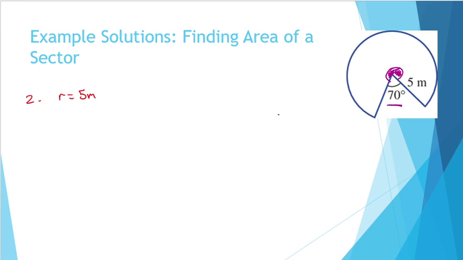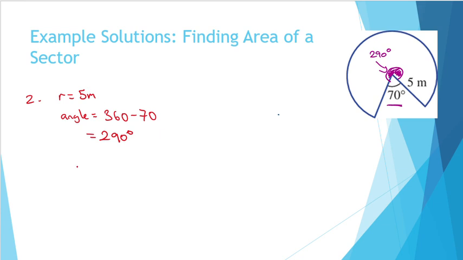Now, because you know that the circle's total amount of degrees is 360, and we're given the exterior angle 70 degrees, what you're going to do is subtract 70 from 360, okay? And that just ends up being 290 degrees. Now, this is the angle that we are going to use in purple. So this angle right here in the purple is 290 degrees.